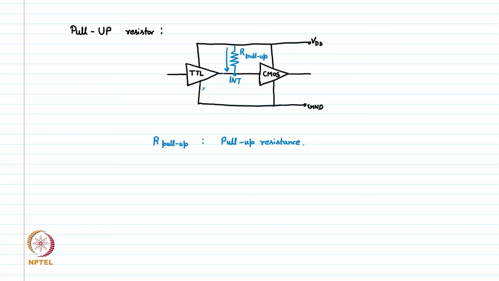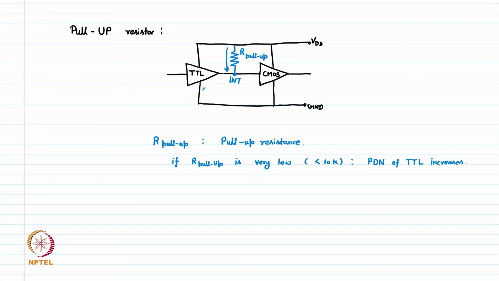Now we have some constraints on putting this pull up resistance. If R pull up is very low, meaning less than 10 kilo ohm, let's say, then the strength of the pull down network PDN of TTL must increase.